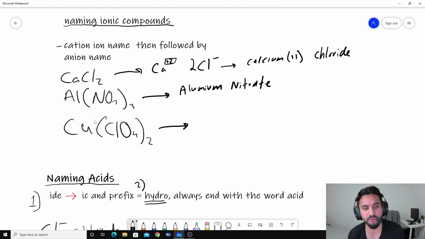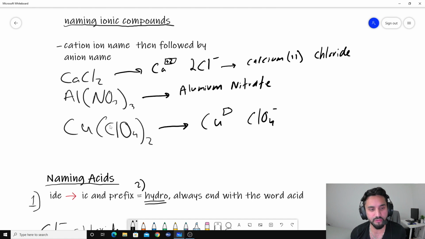Copper, we don't know its charge because it's a transition metal, but we know the charge of perchlorate, which is minus, right? So this perchlorate is in parentheses, and it's specified that there's 2 of them.